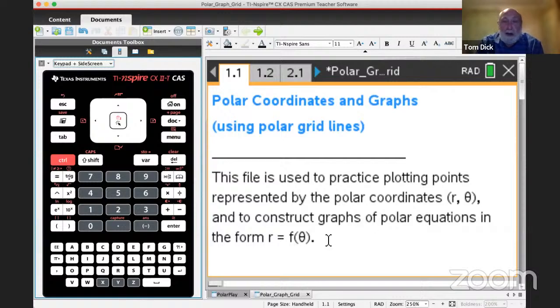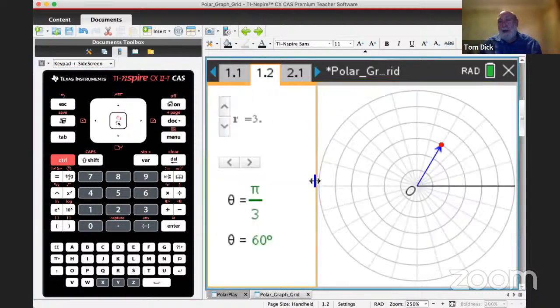In fact, Steve and I have made a few of these using Nspire. For example, this one's a polar graph grid, just to show you what this looks like. Basically what we did is put polar graph paper onto the Nspire.